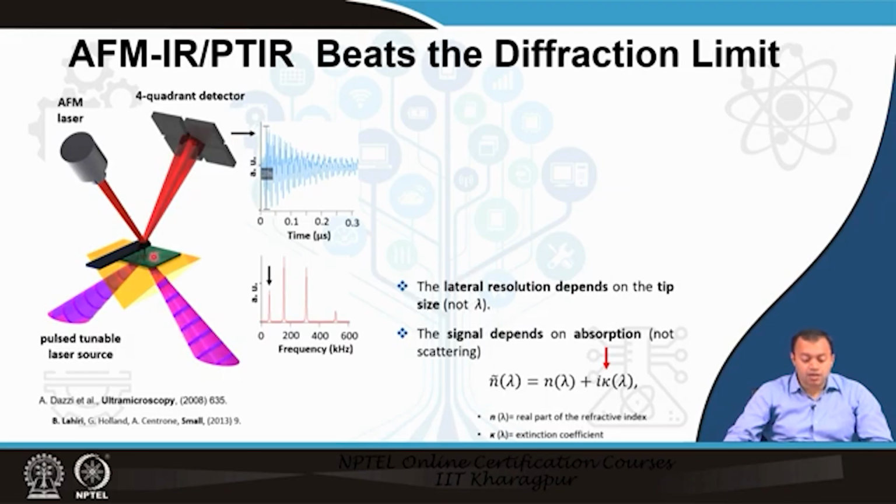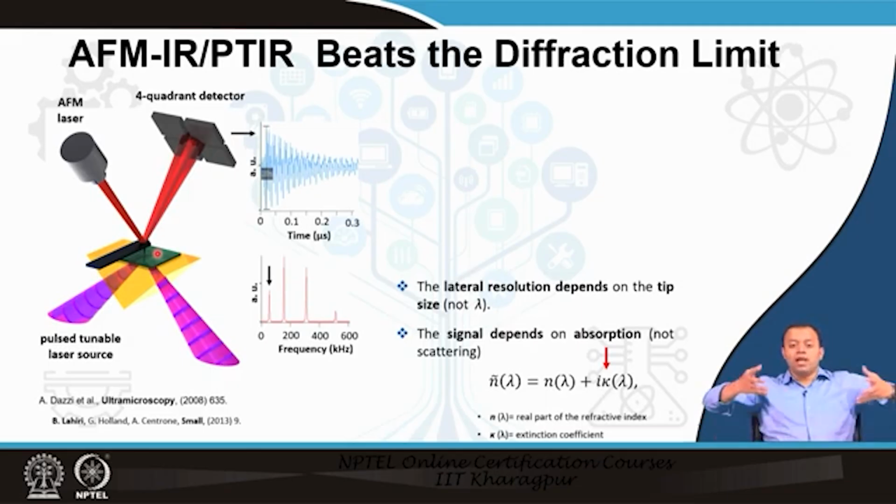The sample will absorb, it will swell up, and the cantilever which was moving in this direction will suddenly get a kick in the z direction. Previously it was moving in x and y direction, here the tip will get a z direction kick.